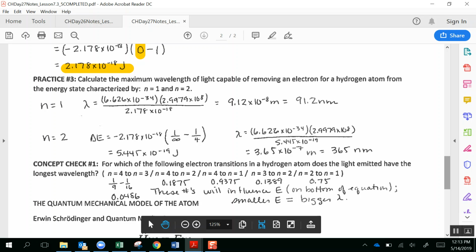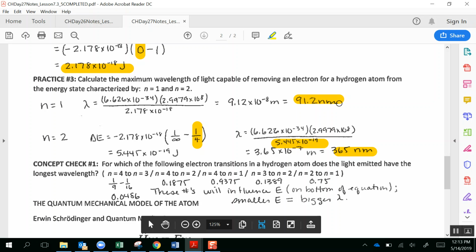Calculate that out, that's about 91.2 nanometers. And then if we're looking at the change from n equals 2, to remove it completely, we have to recalculate, get joules, put that in over here, and then we end up with 365 nanometers. So a different wavelength of light is going to remove an electron from energy level 1 and from energy level 2.